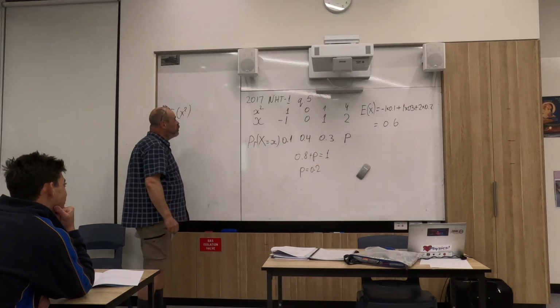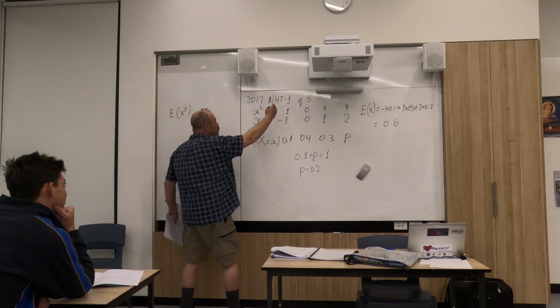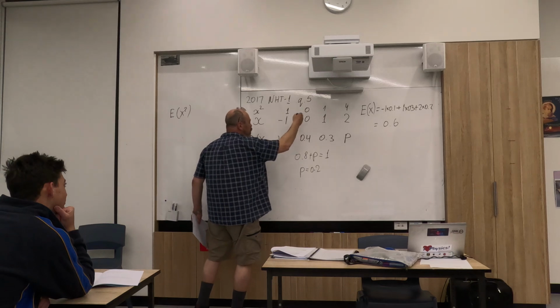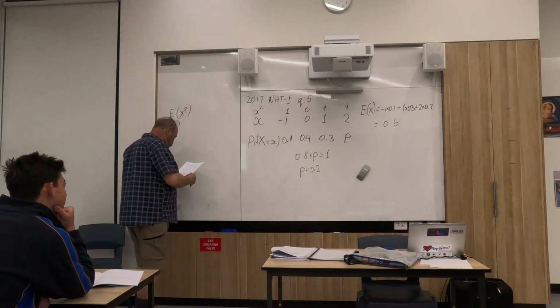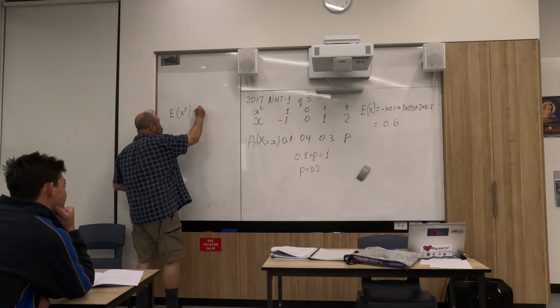So the expected value of X squared is 1 times 0.1, and so on, which will be 1.2.